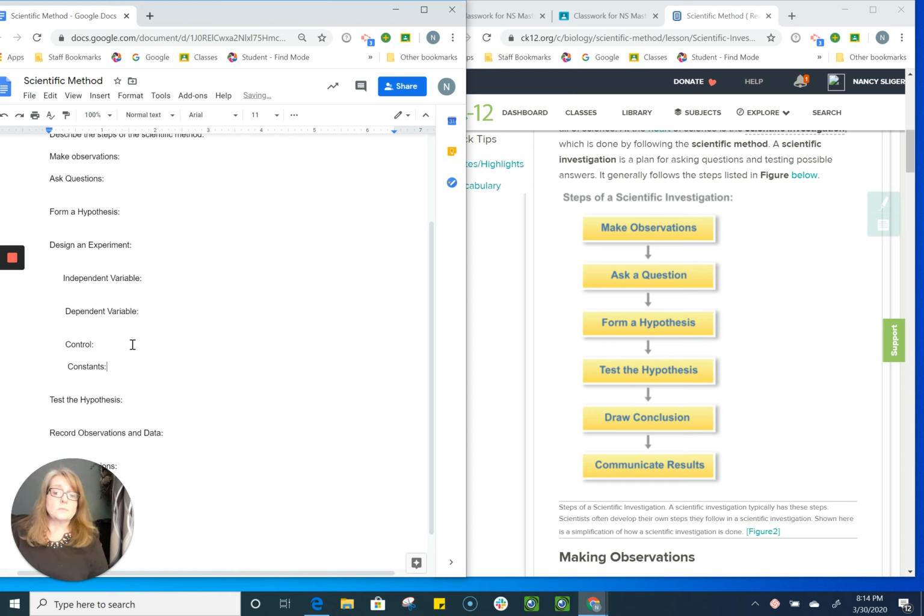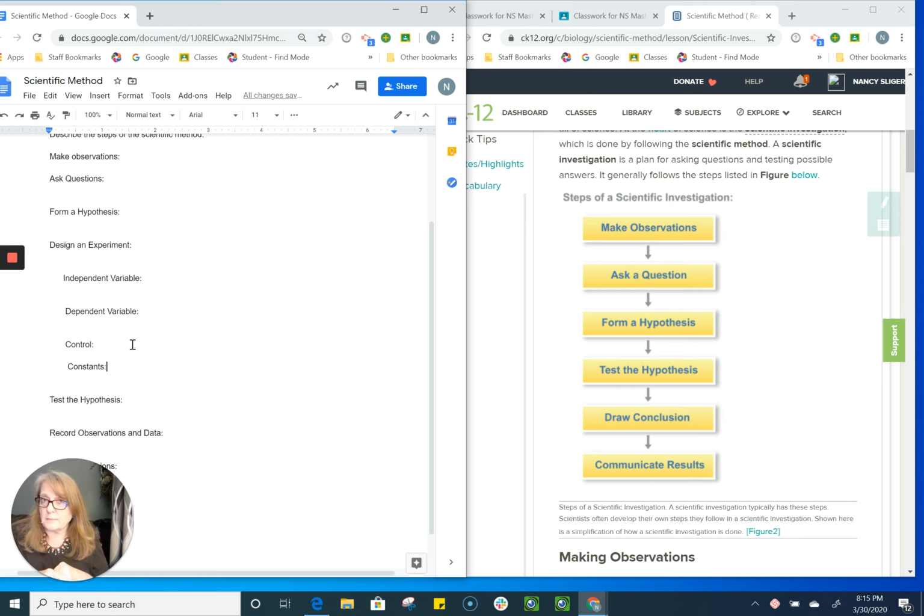So in terms of the seed experiment, some constants would be, well, you'd want to use the same kind of seed because different seeds take different days or times to germinate. So you want to use the same type of seed. You'd also want to make sure that all the seeds are planted in the same type of soil. They're in the same size container. The containers are all at the same temperature.